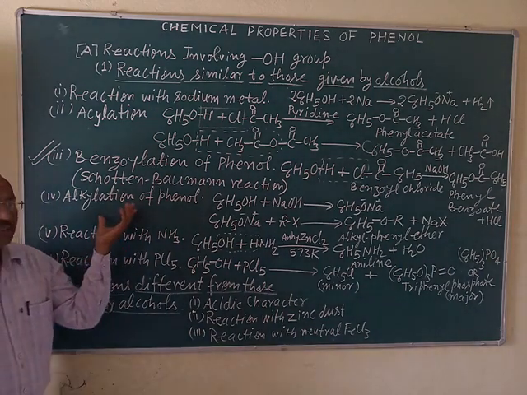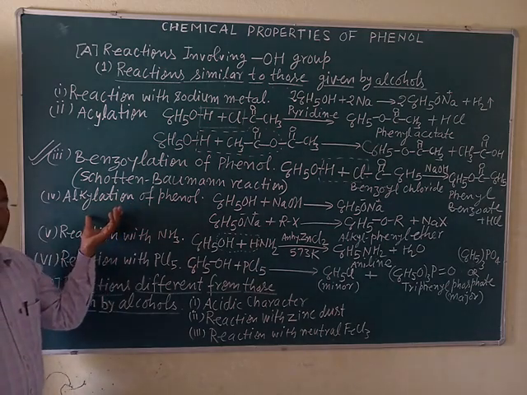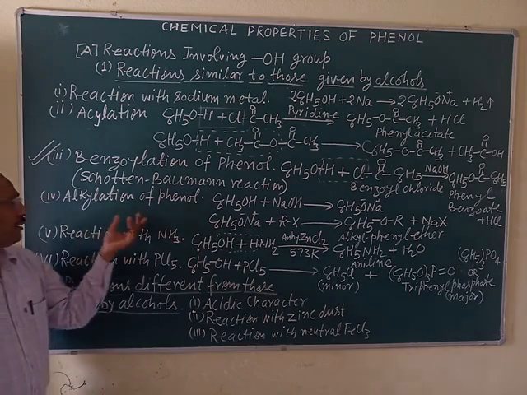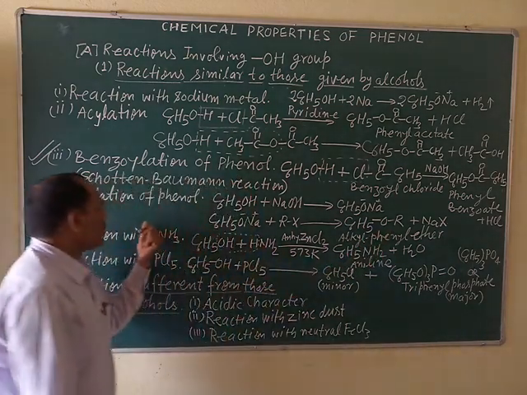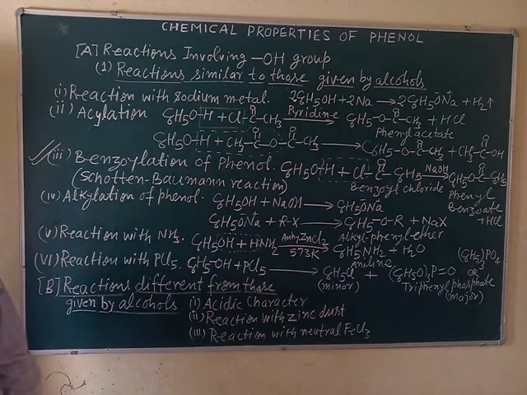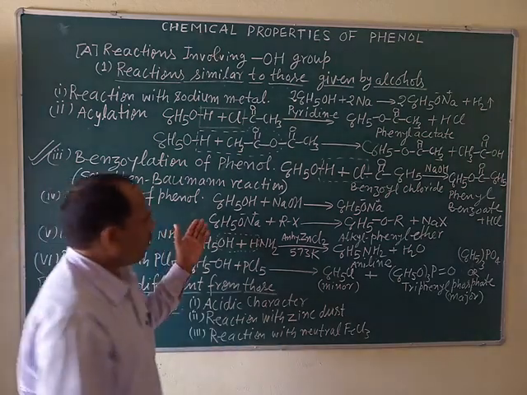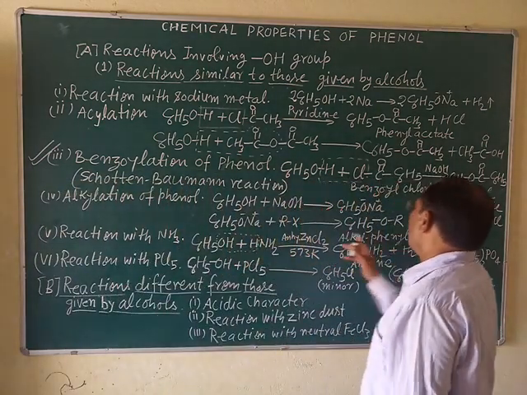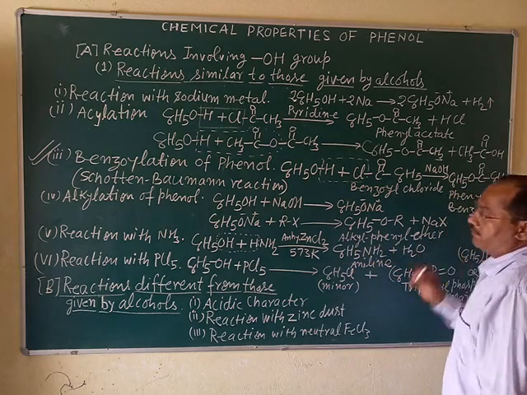It is not an electrophilic substitution reaction, because in this reaction the alkyl group does not get introduced into the benzene ring. Side chain substitution takes place. That's why it is different from electrophilic substitution reaction. In this reaction, alkyl phenyl ether is obtained.